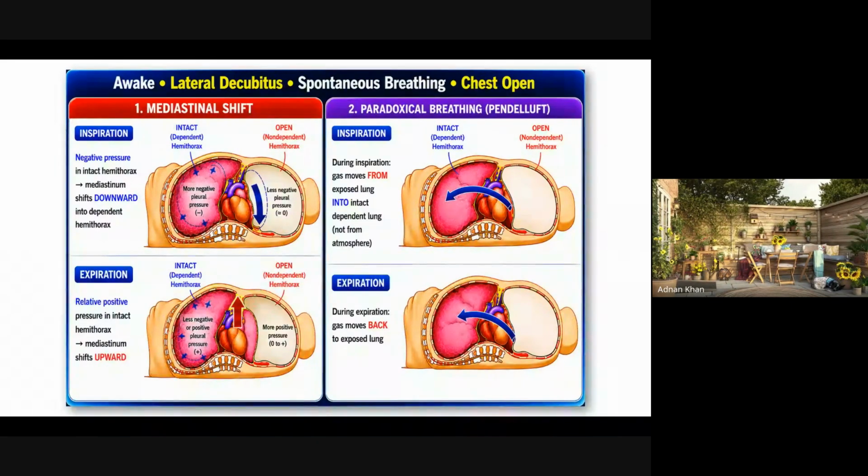Simultaneously, as air moves between the two lungs rather than between the atmosphere and alveoli, a phenomenon known as paradoxical respiration or paradoxical breathing occurs. This results in wasted ventilation and impaired gaseous exchange. Keep in mind that positive pressure ventilation abolishes both the mediastinal shift and paradoxical breathing by equalizing the pressure and directing airflow into the lungs.